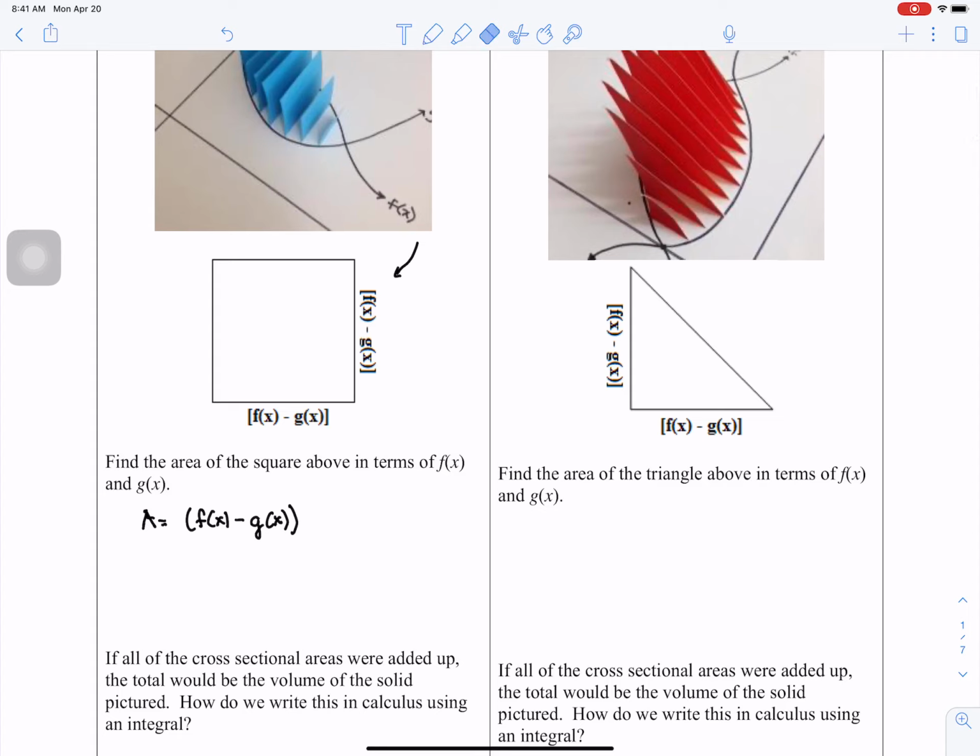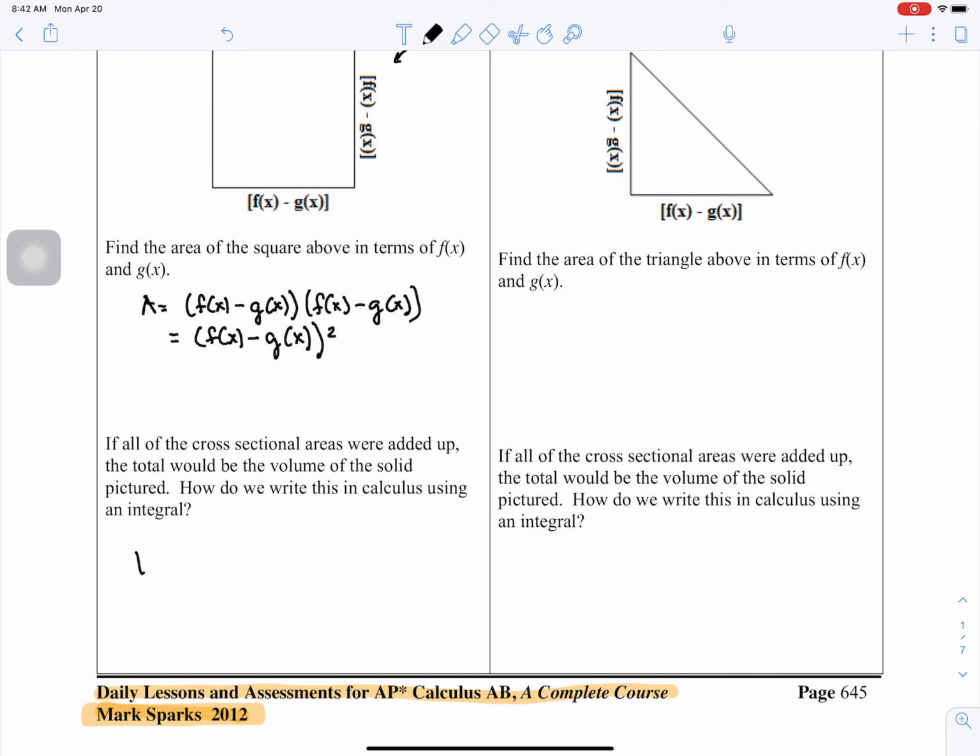I could write that out in two steps if we wish. f of x minus g of x times f of x minus g of x, and this simplifies to f of x minus g of x all squared. Now, this is the area of one square, and if I wanted to find the volume of that 3D solid that would be formed, I need to go from where the shading starts to where it ends.